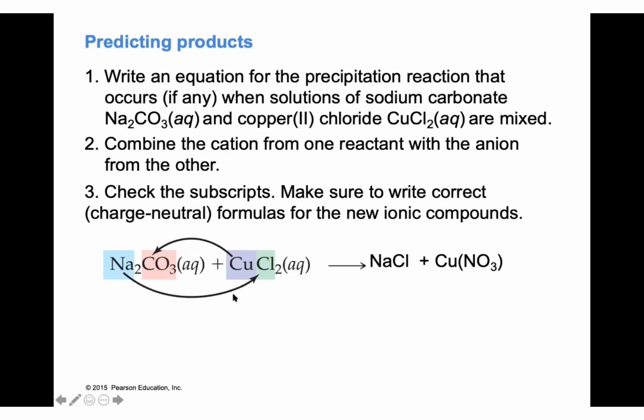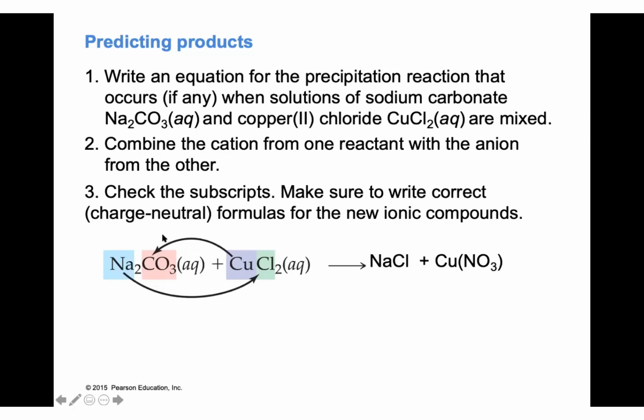Okay. So then, let's check the subscript. NaCl: Na is +1, Cl is -1.